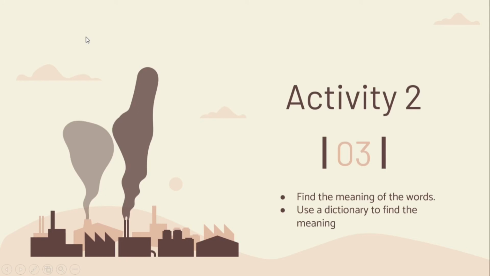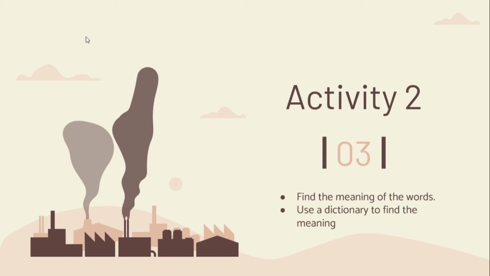How is it going for the first activity? I bet all of you can answer it very well. If you do not have any problem, we can proceed to the second activity, which is activity to find the meaning. This is the third part of today's lesson.